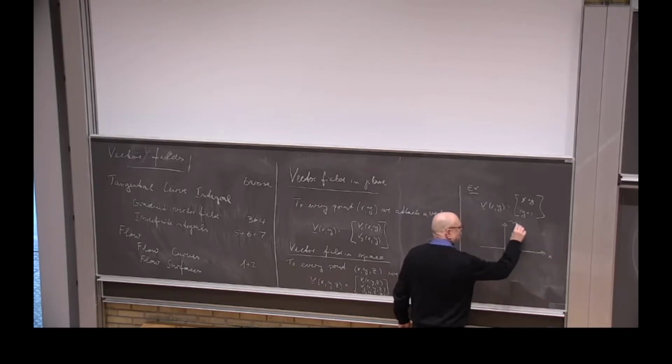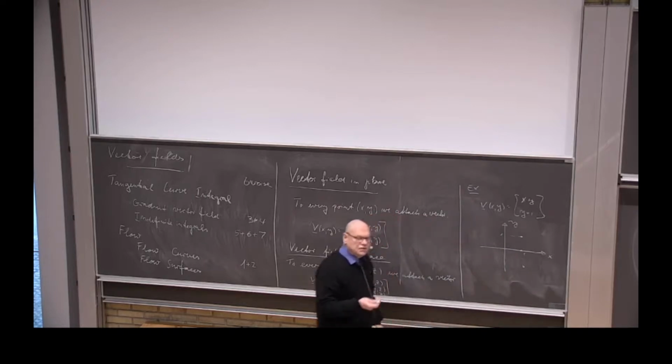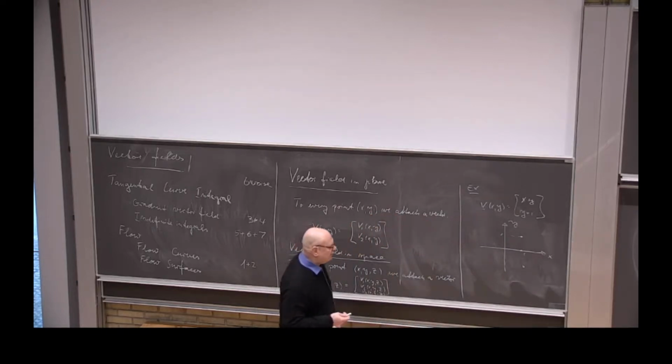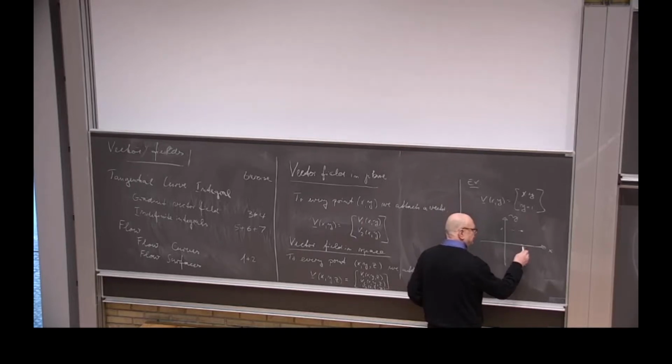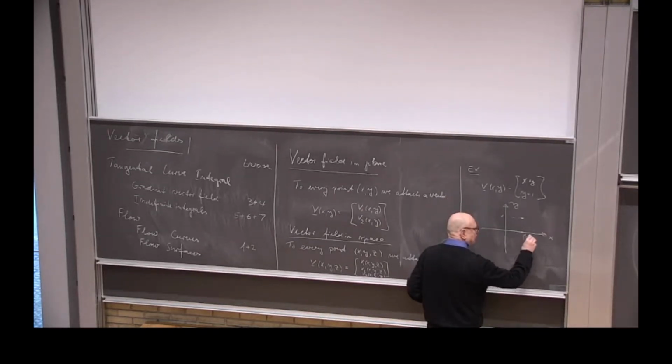You have your xy plane here, and let's say that this is 1, this is also 1, so let's look at these 3 points. Then you can compute the vectors in these points. For instance, in this point, this is 1, 0, this is 1, minus 1, and this is 1, 1.